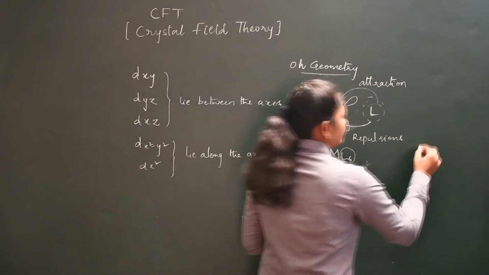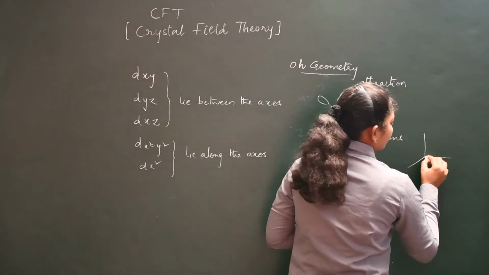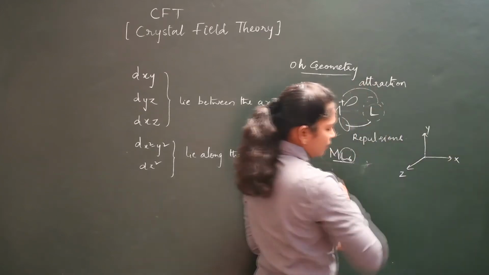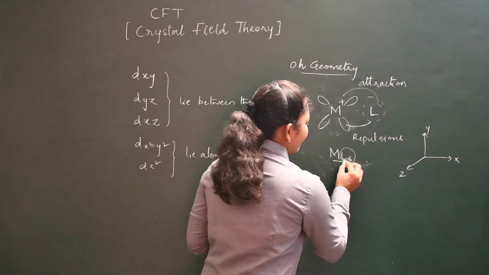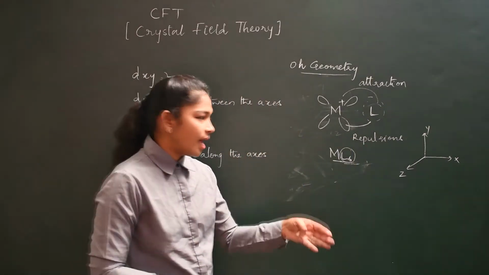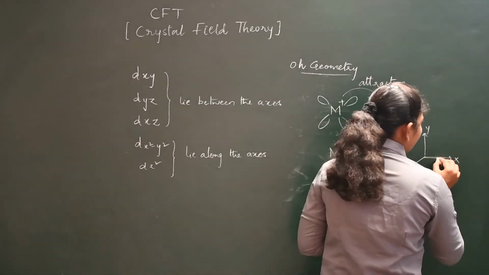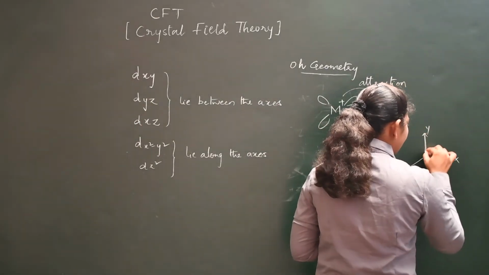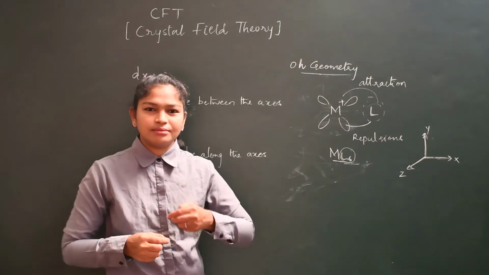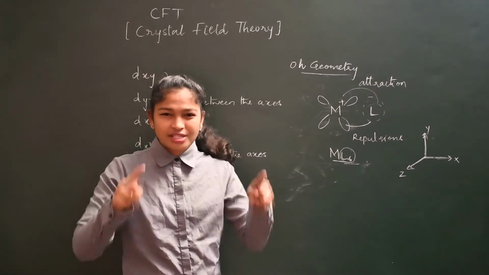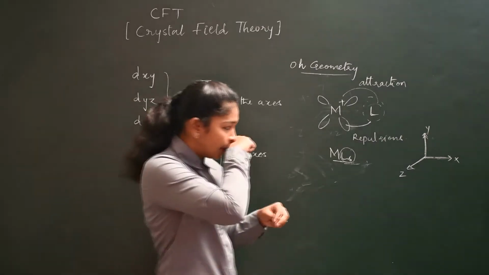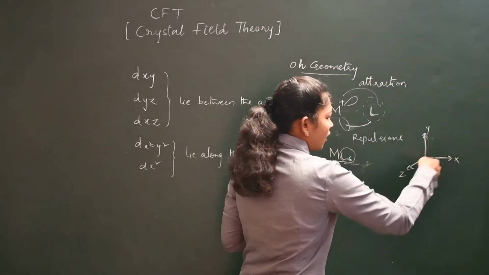Like this, X, Y, Z. Whatever ligands we have in octahedral geometry will be lying along the axis, or on the axis. You can refer to some structures of octahedral, then you will come to know how I am explaining this.